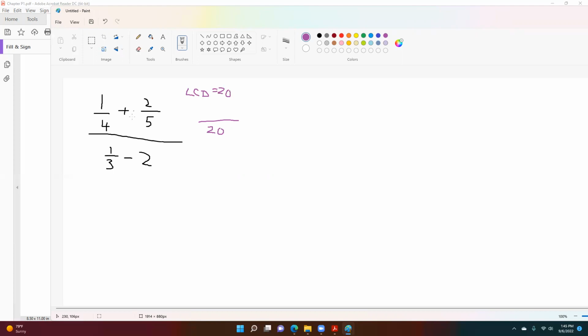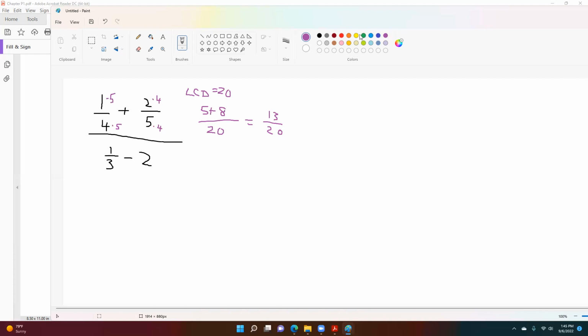So we multiply this by 5, and we multiply this by 4, so we make them the same LCD. And then the top one here is going to be 5 plus 8. So that will give us 13 over 20.